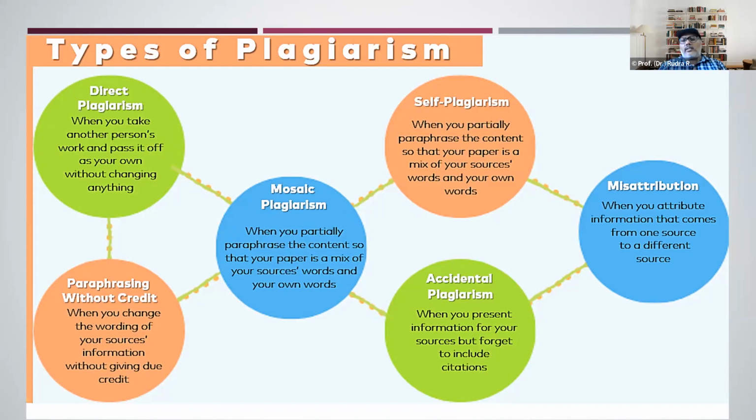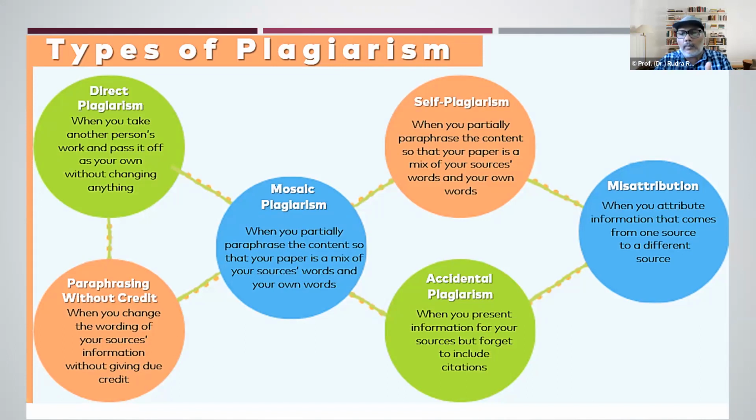And the last one is misattribution, when you attribute information that comes from one source to a different source. Means you are citing one information in one section, and citing it in another section. So this information is attributed from one source to a different source. So this is also known as misattribution. Means you are confusing your readers.